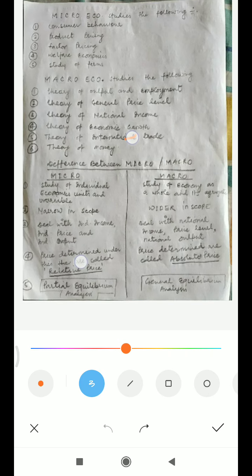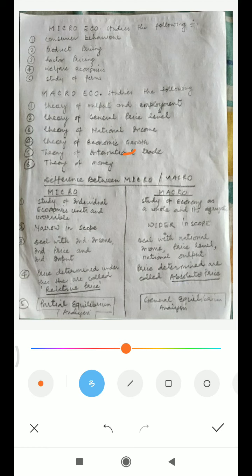First point: microeconomics is a study of individual economic units and variables. Getting you all? Macroeconomics is a study of economy as a whole and its aggregates. Micro is the study of the individual level, individual things.